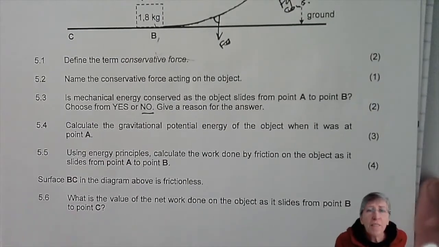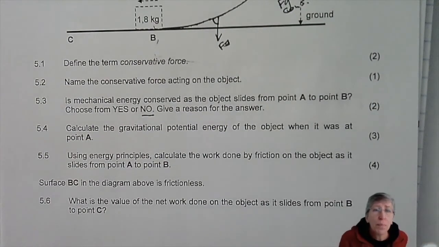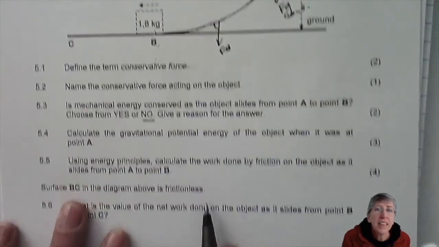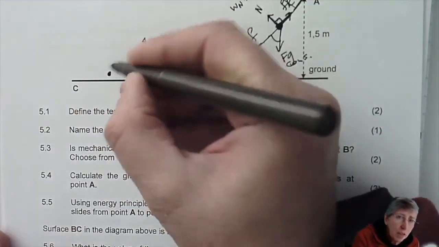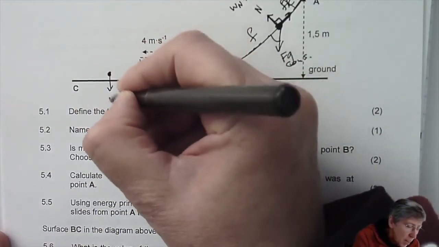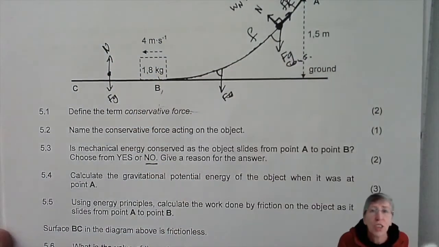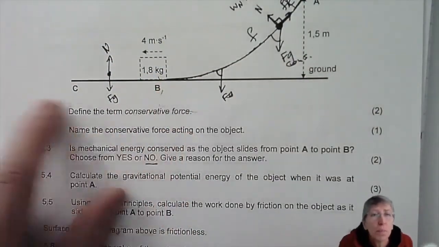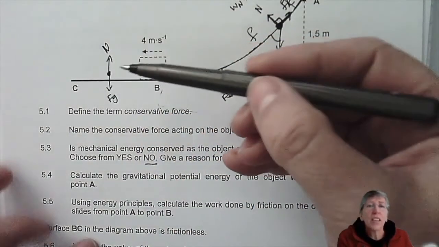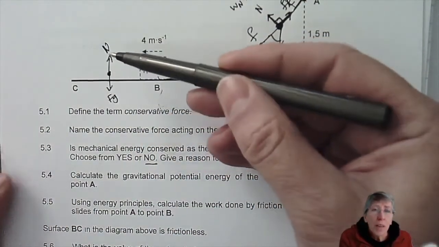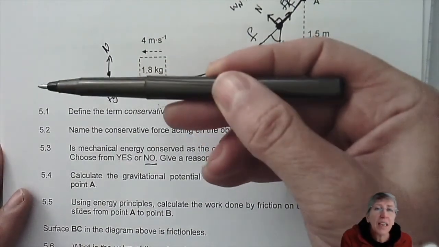Now, what is the value of the net work done on the object as it slides from point B to C? And for B and C, they said no friction. So if you look at the forces working over there, it's only going to be gravity down and the normal force up, no friction. And remember, there's not something pushing it forwards, right? It's just the momentum taking it forward. Right, so over there, we've got normal force, gravitational force, they're both perpendicular to the movement.